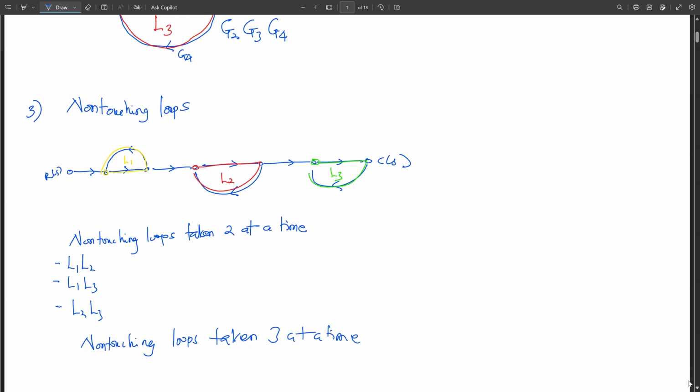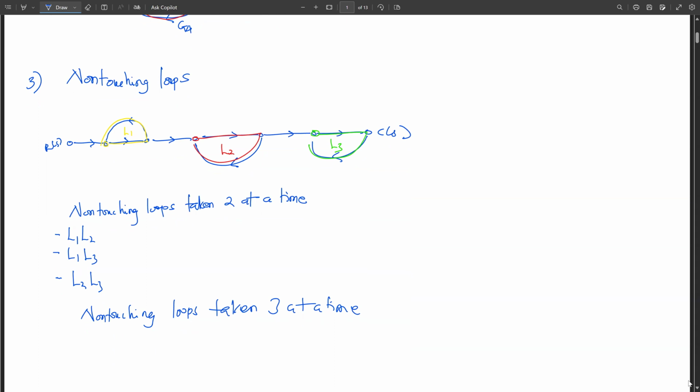It's clear from this example that L1, L2, and L3 are not touching each other, so they all qualify as non-touching loops, taking three at a time. Then I multiply the gains of the loops: L1, L2, L3. Don't worry if this doesn't make sense yet. The more we solve examples, the more you'll see how these work and come to appreciate them.